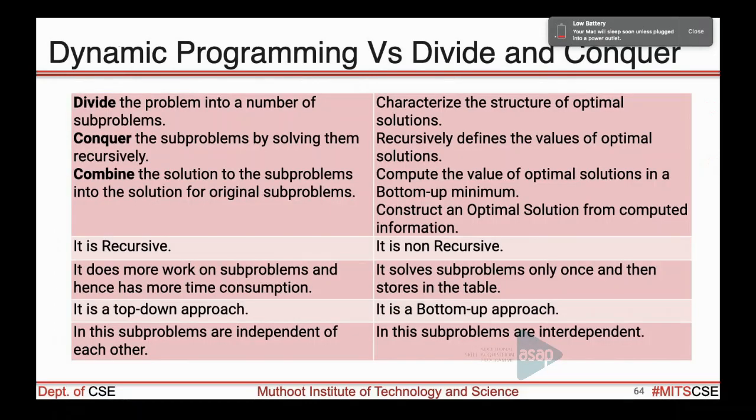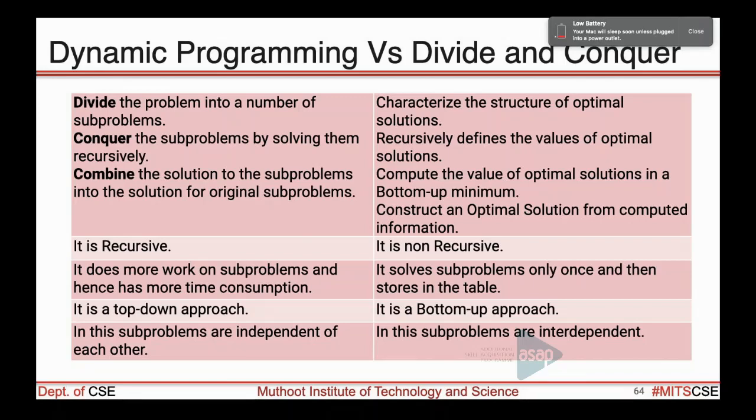We are coming to the end of the session. What is the difference between dynamic programming and divide and conquer? Dynamic programming has a structure we use to find the optimal solution from a list of solutions. It's non-recursive, and it solves each subproblem only once and stores it in a table. It's a bottom-up approach and the subproblems are interdependent.